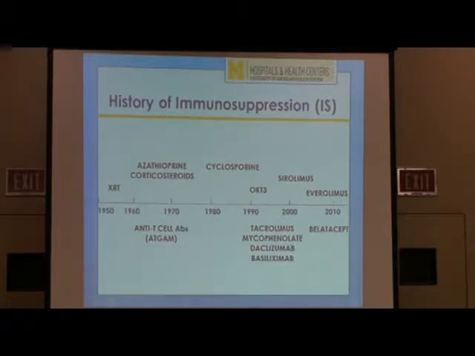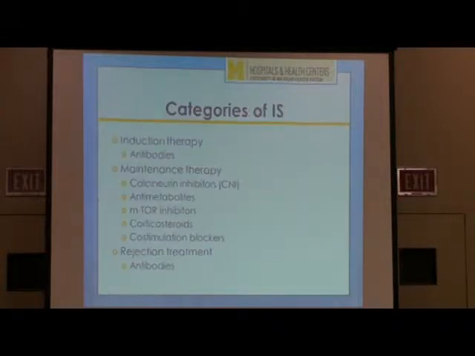It was sirolimus, or rapamycin, which was a new class at the time, the mTOR inhibitors. And then in 2010, we saw another mTOR inhibitor, everolimus, become approved, followed by belatacept, and then in 2013, we recently had Astagraf approved. So I'm really going to focus the remaining presentation on those three immunosuppression agents.